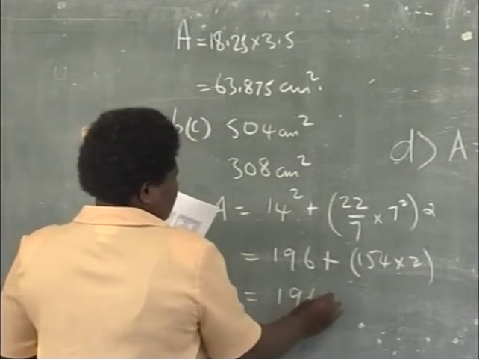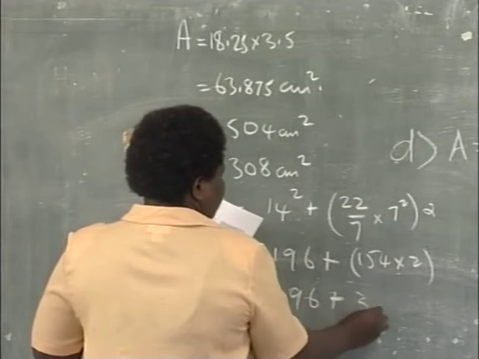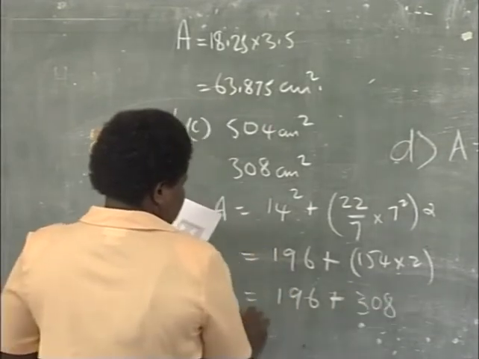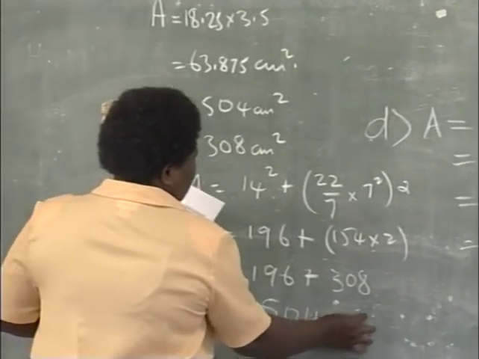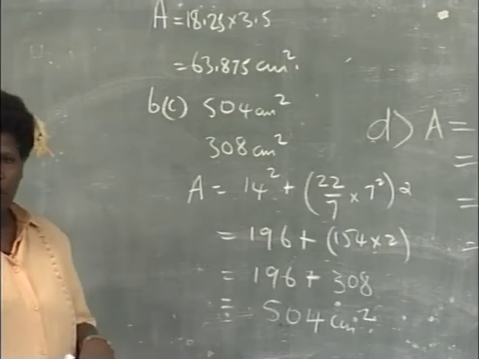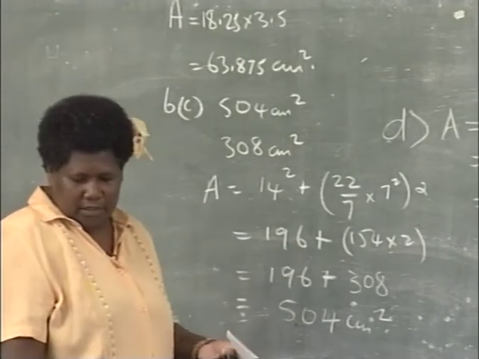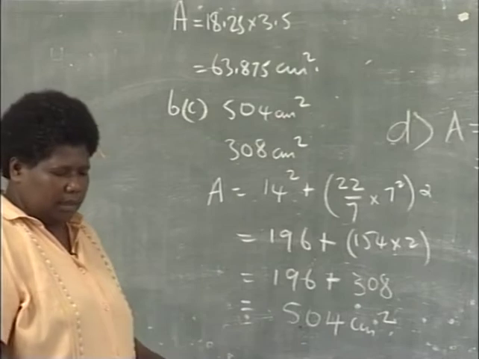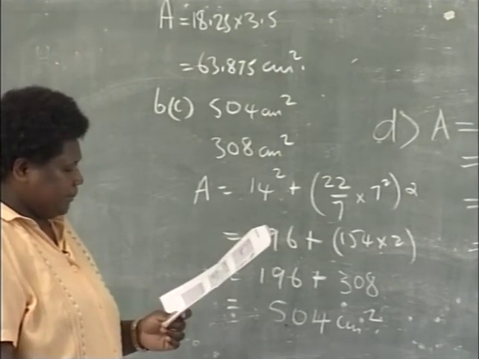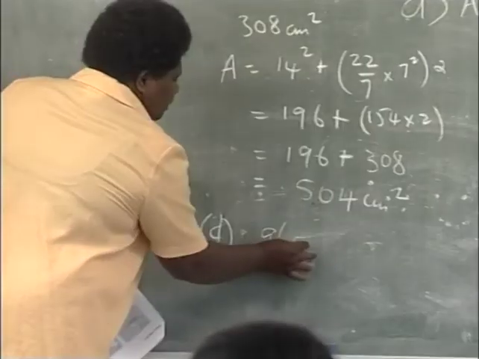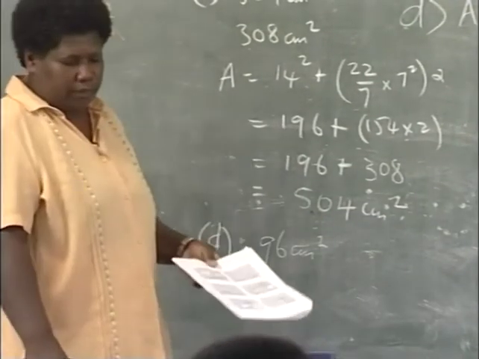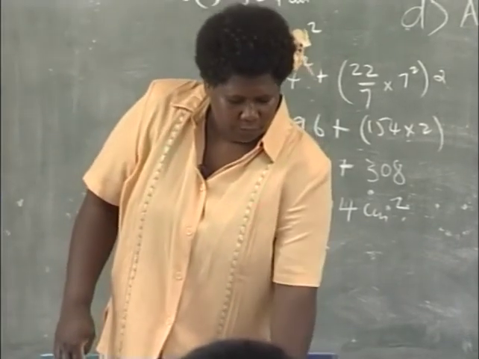Okay, 196 plus 308, which is 504. All right, that's 6C. 6D, Hekoi. 96 square centimeters. Okay, 96 square centimeters. You just find one area of a trapezium and then you multiply it by 2.